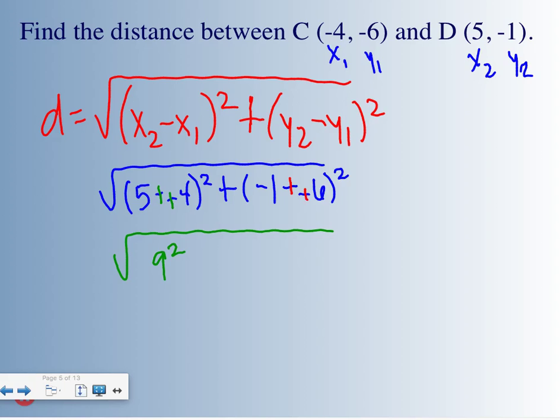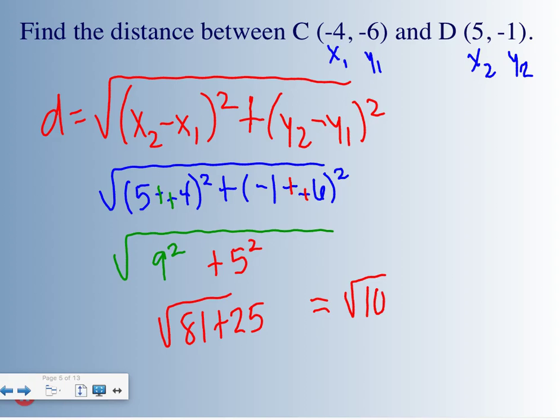So -1 plus 6 is 5. 9 squared is 81. 5 squared is 25. Add them together, what do we get? 106. What's the square root of 106? 10.29. Yep. So I'm going to go 10.3.